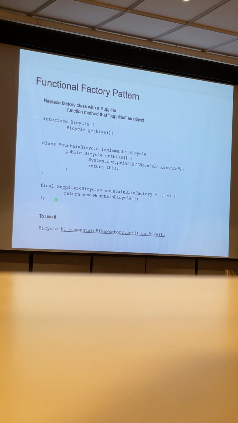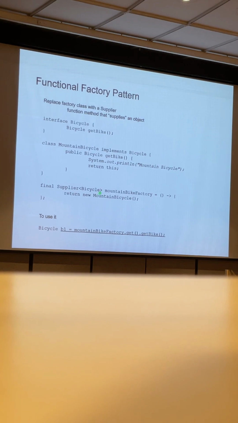And then we could have the mountain bike factory as a new class that overrides it. The mountain bike factory by type is the supplier of a bicycle.